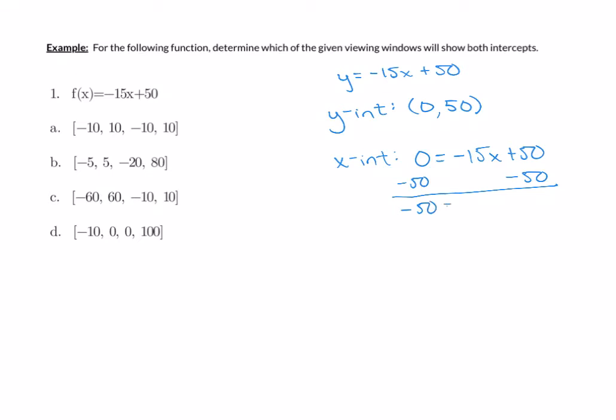We get negative 50 equals negative 15x, and then we divide by negative 15. If we do this, I come up with 3.33, repeating, but basically somewhere around 3. So my x-intercept is 3.3, 0.